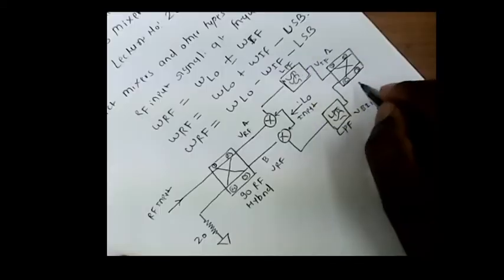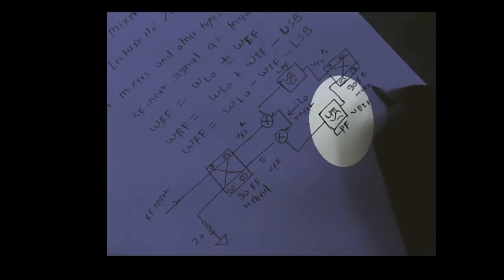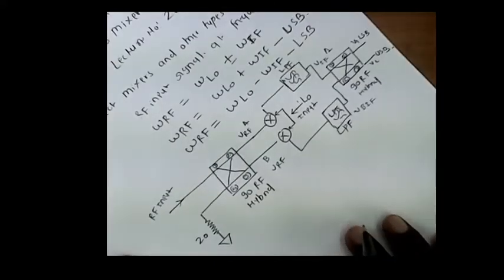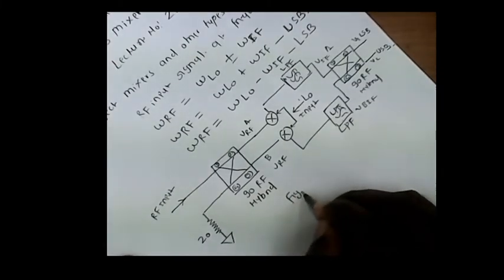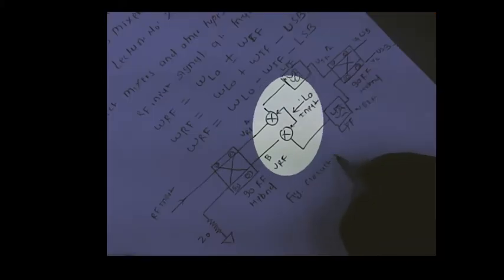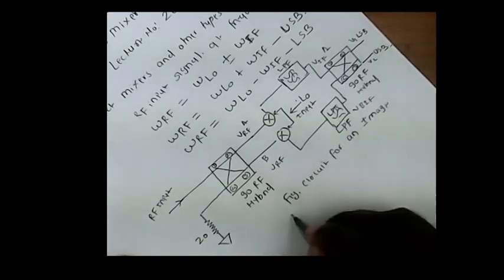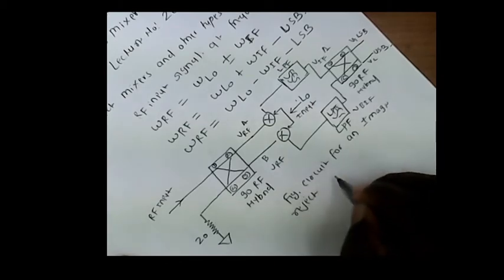So this is 1, 2, 4, 3, the 90 degree RF hybrid, with the LSB output voltage V2 and the USB output. This is the circuit for an image reject mixer.